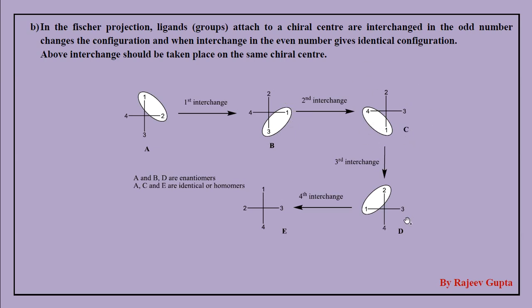Like this, C and D also are enantiomers. D and E are enantiomers. So an odd number interchange of any two groups on a chiral center gives enantiomers, or we can say changed configuration, if we have one chiral center, and an even number interchange gives identical configuration.